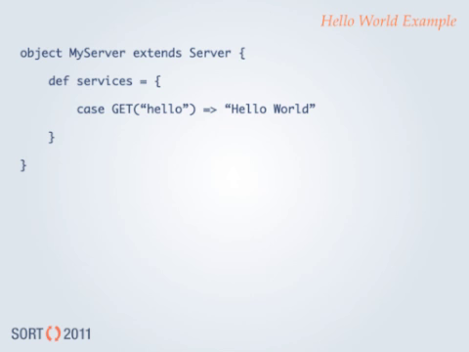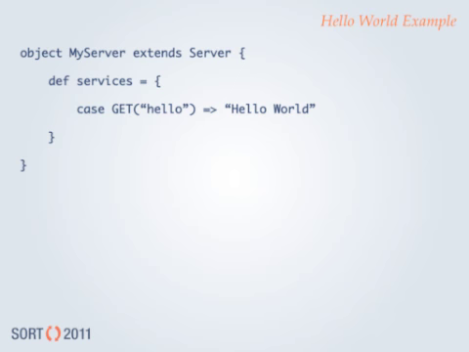Then I have a defined method called services. And services equals a partial function. It's a partial function because the other part of the function is being abstracted away. That other part matches on the request object that Punk has created by marshalling all the request information that's coming through the traditional servlet API.